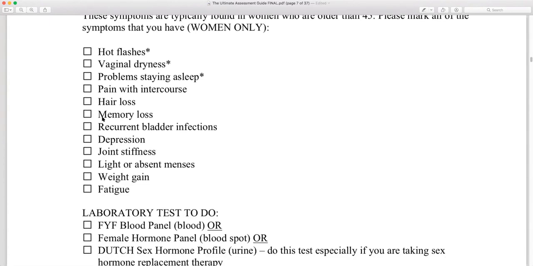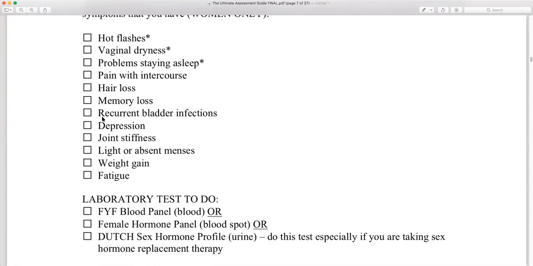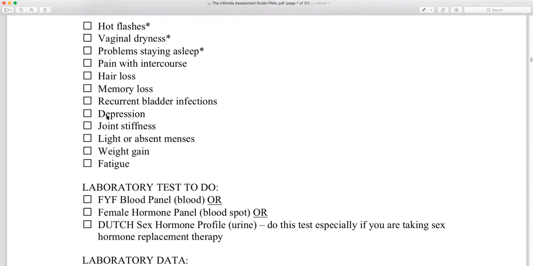Memory loss. In fact, there's a big correlation between low estrogen and Alzheimer's, early Alzheimer's, so a very important component of that. Recurrent bladder infections. This has to do with the fact that there are some muscles on either side of the bladder neck, coming out of the bladder going out into the outside world, that are estrogen sensitive.